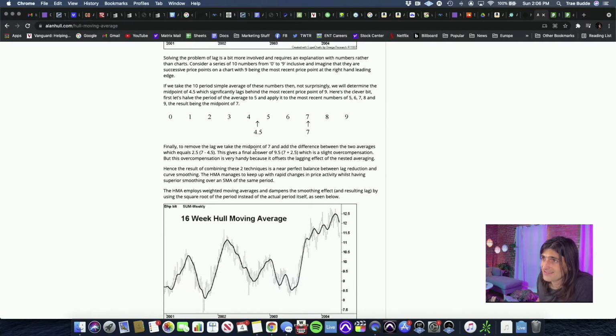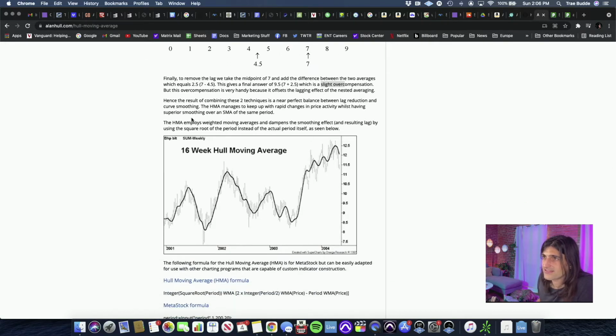And then to get the lag, take the midpoint of 7, add the difference between the two averages, which is 2.5. So that's 2.5 times 7 minus 4.5. You get a final answer of 9.5, which overcompensates a little bit on the most recent price, but it offsets the lagging effect of a nested average, he says.